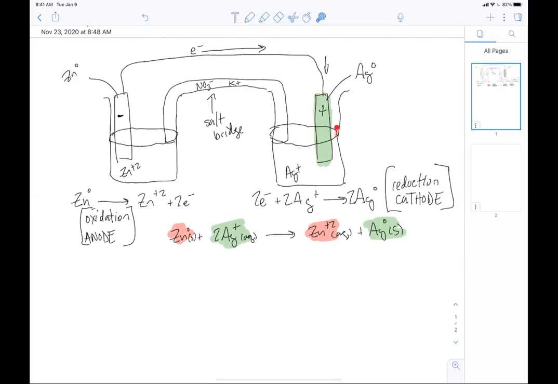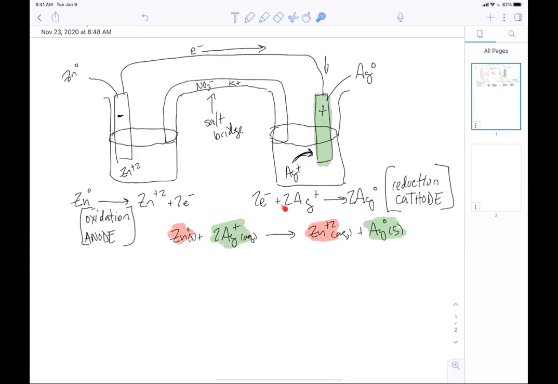When it's building up over here on the cathode, electrons are flowing naturally from the zinc, and now I've got an excess of electrons over here on the cathode. Those electrons will get picked up by the silver that's dissolved in the half cell, and silver will deposit onto this solid silver electrode. And that's what we're describing in this reaction down here.